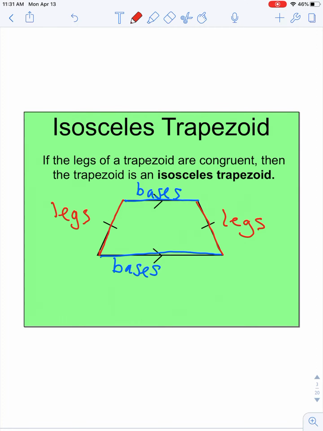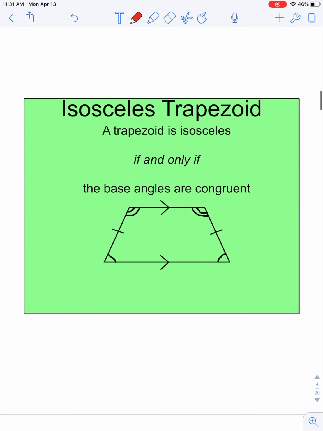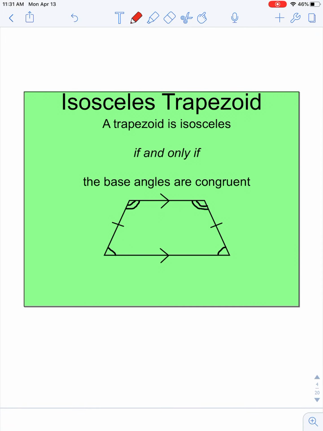So what are the properties of isosceles trapezoids? Well, it's kind of like an isosceles triangle. So a trapezoid will be isosceles if and only if the base angles are congruent. So we talked about that the legs have to be congruent in order for it to be called an isosceles trapezoid.